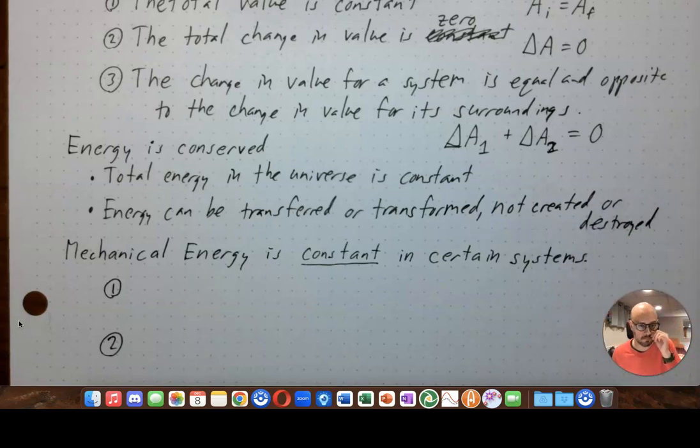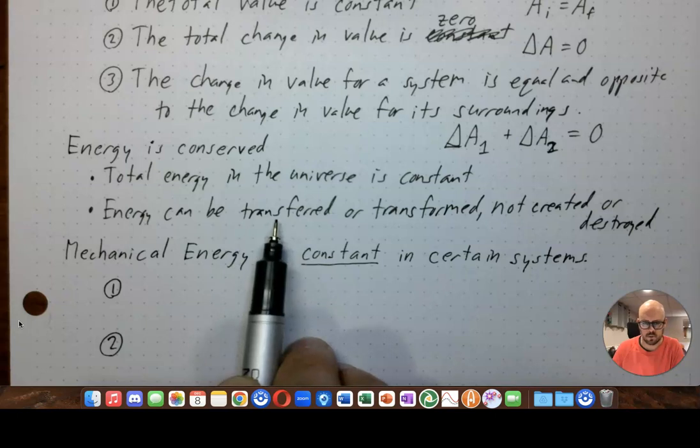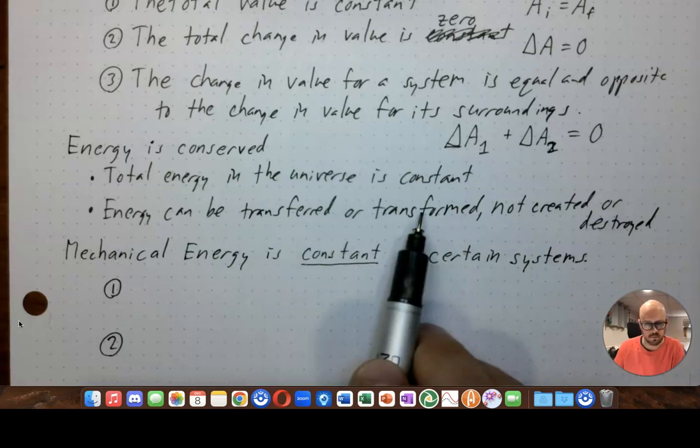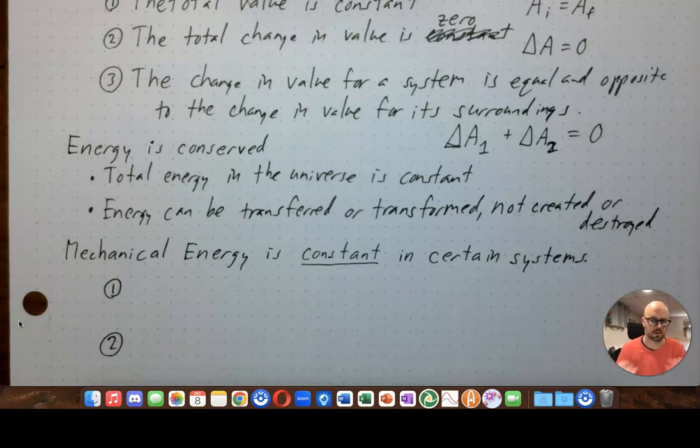And that's pretty general language for conservation, that you can move it from object to object. You can sometimes change the form of the energy, what type of energy it is, but you can't make new energy and you can't destroy energy that exists. And so that's like the universe as a whole.